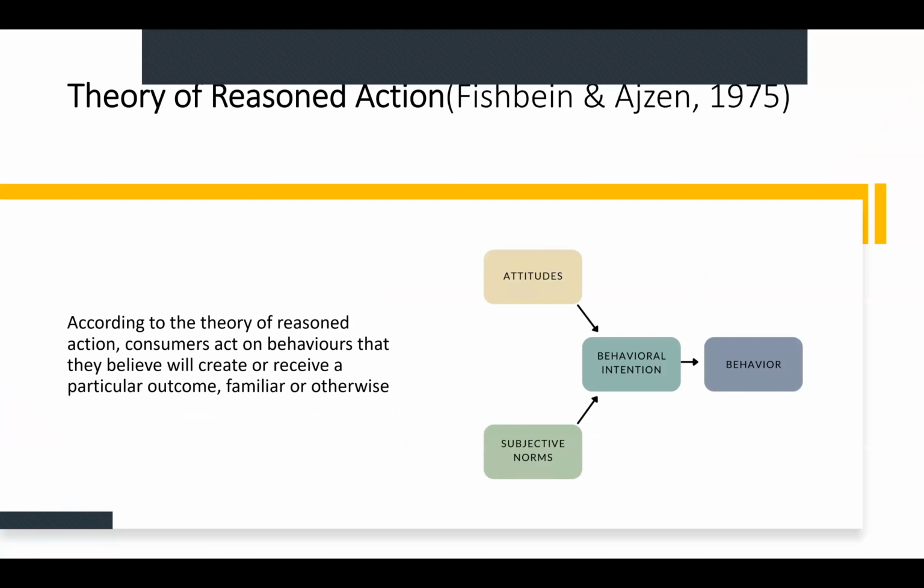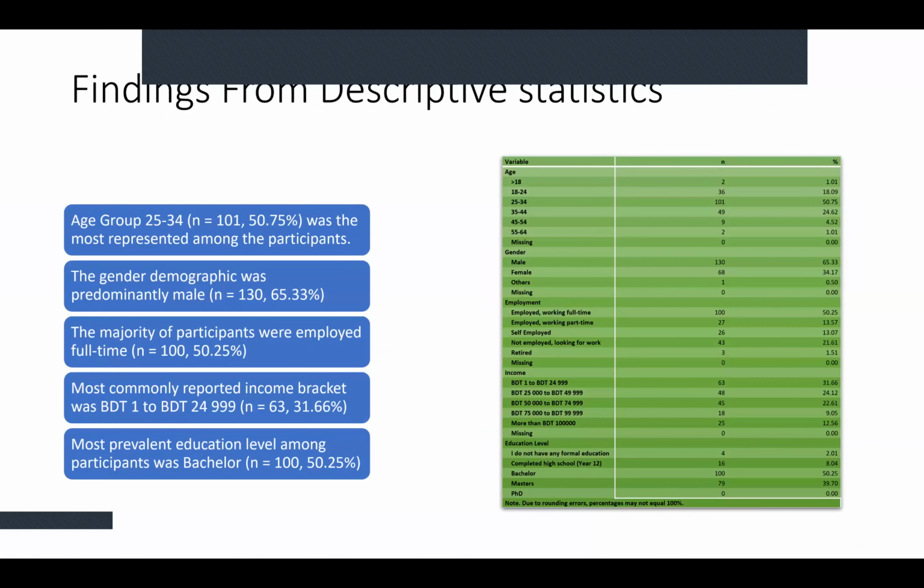So we have used the theory of reasoned action. The whole idea is what are the effects of the attitudes of the people, their beliefs, their understanding, the culture, and the other subjective norms on the intentions to purchase online, and their attitude towards cybersecurity.